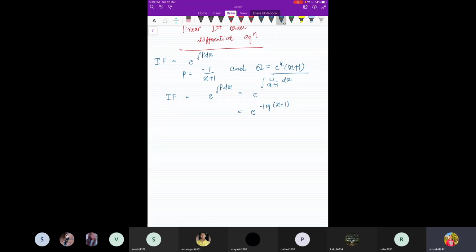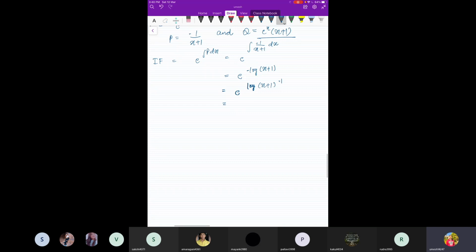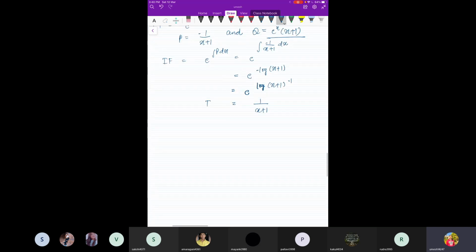Now take the negative sign up: e to the power log of x plus 1 to the power minus 1, and we would end up getting 1 upon x plus 1. So our integrating factor is 1 upon x plus 1.